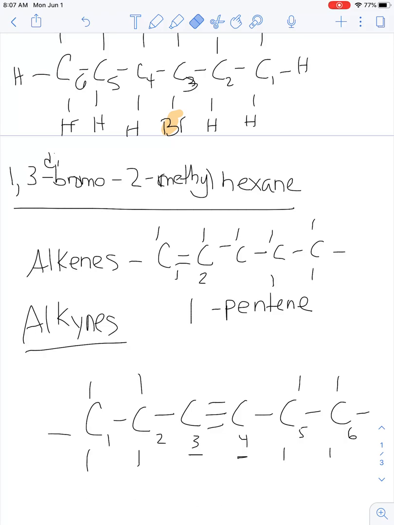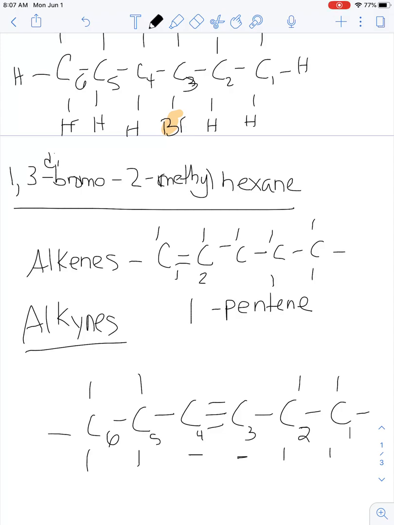Now if I counted backwards here, I would still get the same carbon number. So 1, 2, 3, 4, 5, 6. So this would still be 3-hexyne.